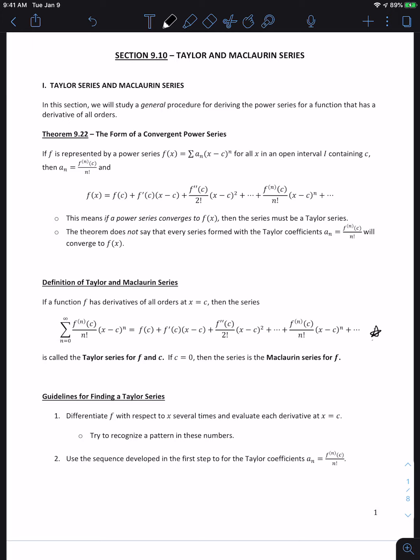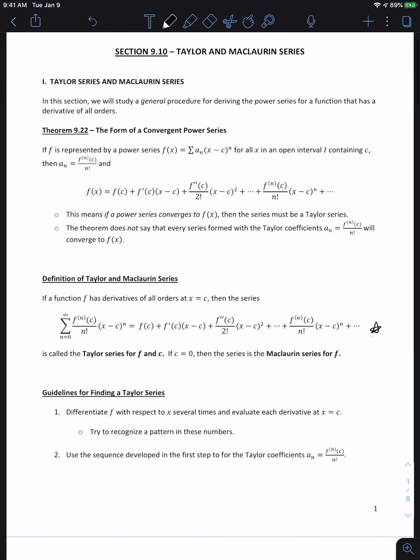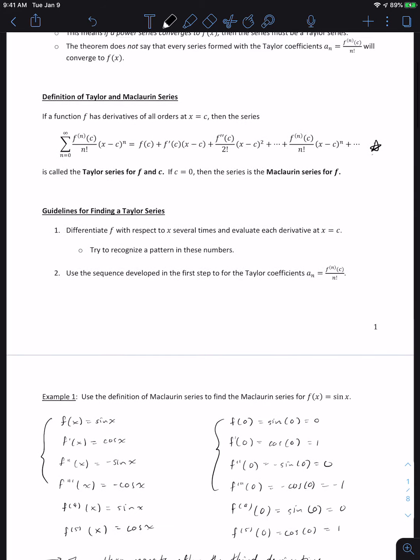So what we're going to do is differentiate f with respect to x several times and evaluate that derivative at c, much like we did with the Taylor polynomial case. And then we try to recognize some pattern in these numbers, right, when we plug the derivative in at c. And then we use the sequence developed in the first step, right, all those powers, to find our Taylor coefficients and find a formula for our Taylor series.